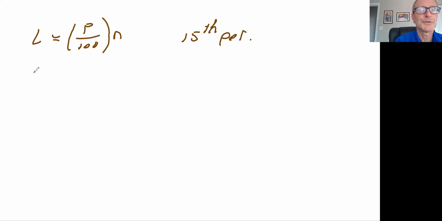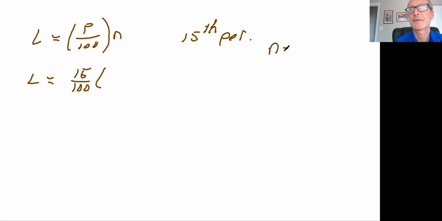So the way that you would do it is L equals 15 divided by 100. And in our data set, we had 13 home prices that we went through when we did the quartiles. So we're going to use the same data set here.